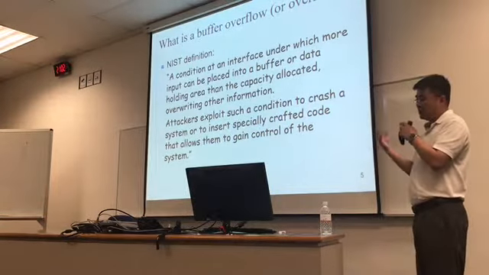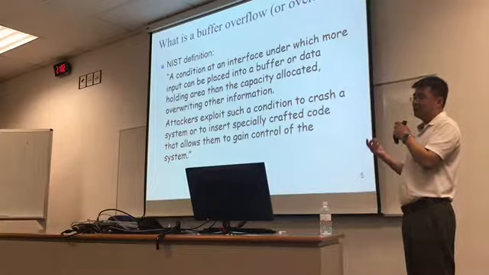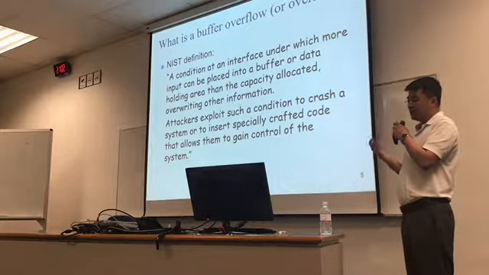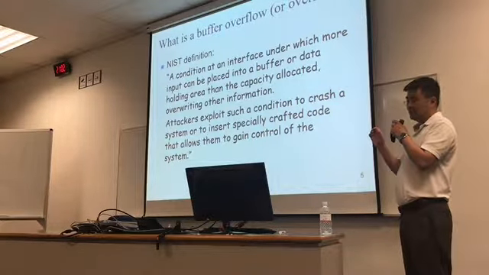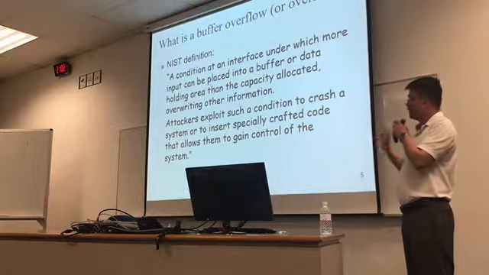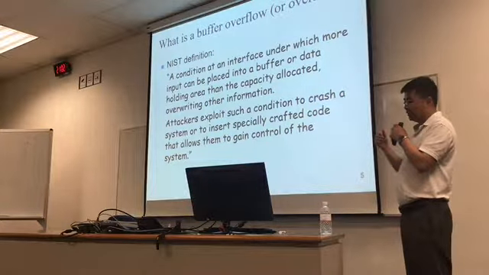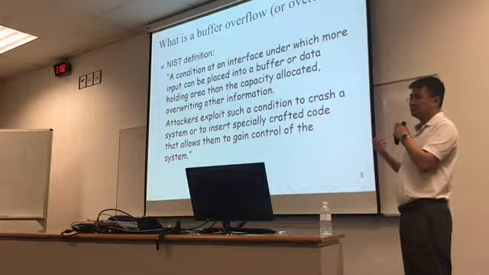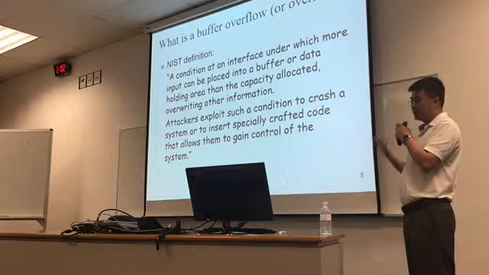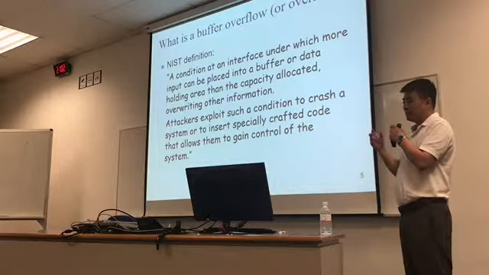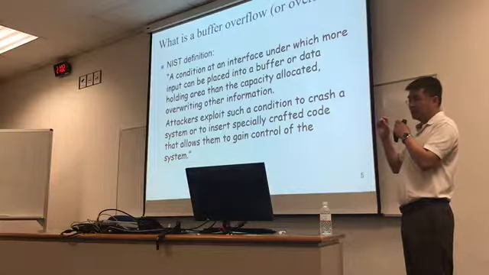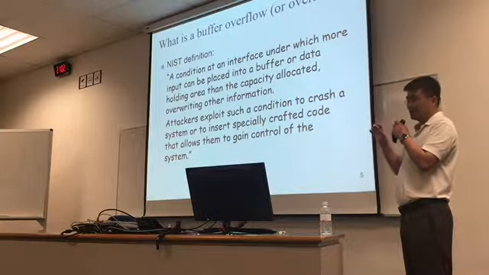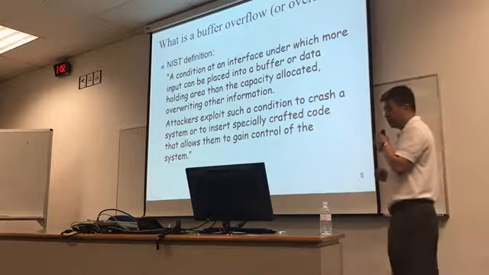If you overwrite the memory, then one consequence is you crash the system. But a more serious consequence is if you overwrite the memory with some special data, then you may do some malicious activity. For example, the attacker may even gain control of the system by using buffer overflow, by putting some special malicious content in the buffer.